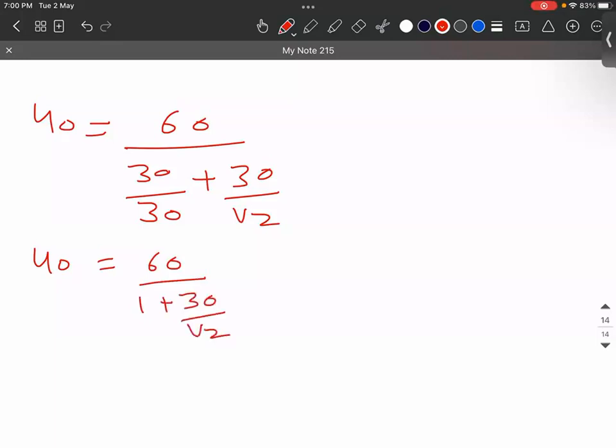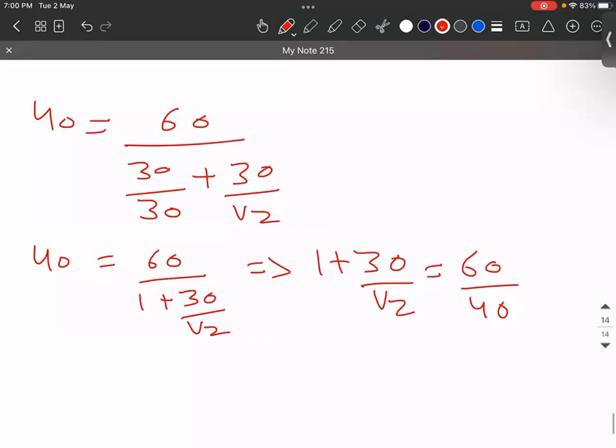I can bring this up, so 1 plus 30 by V2 will be 60 by 40, which is 3 by 2. So I can make it 1 minus 3 by 2 on the other side, equal to 30 by V2.